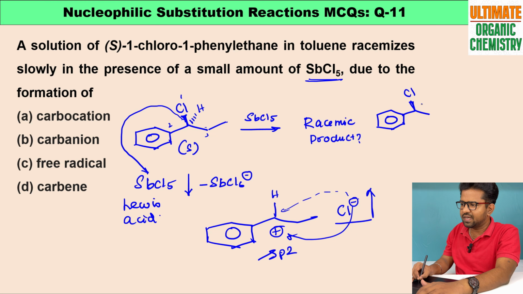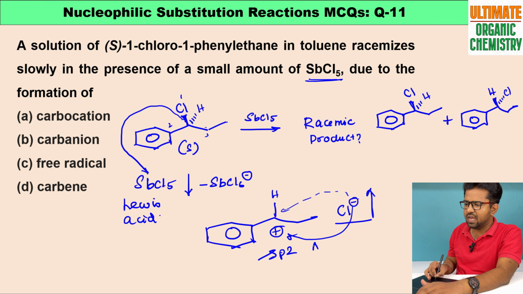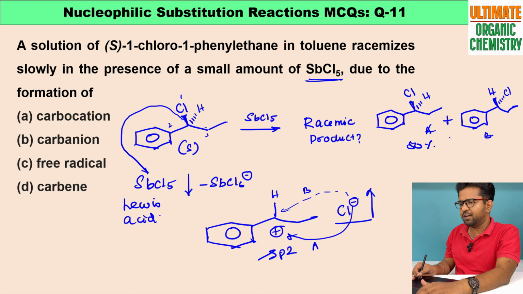So this is front side attack, and this one is backside attack product. So this is A, this is B. So 50% of retention product and 50% of inversion product. So that means a racemic mixture is formed.